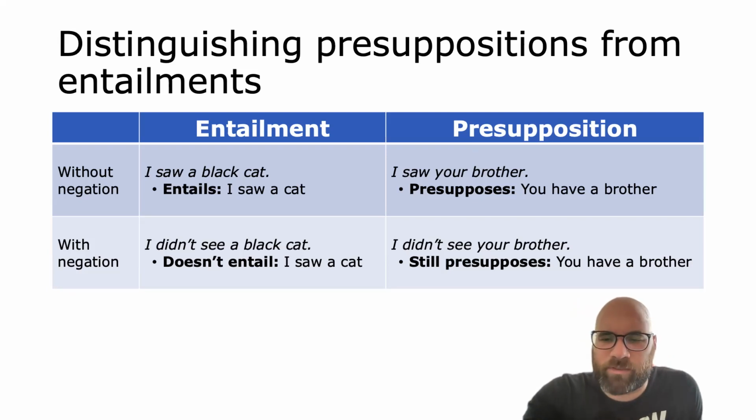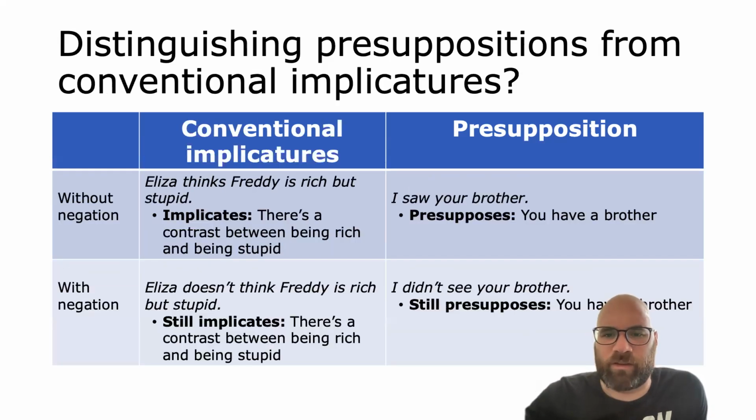Now, based on what we've seen so far, you might also be thinking presuppositions look a lot like conventional implicatures, because both are somehow attached to specific words or specific structures. So we can try this same test to see if it distinguishes between them.